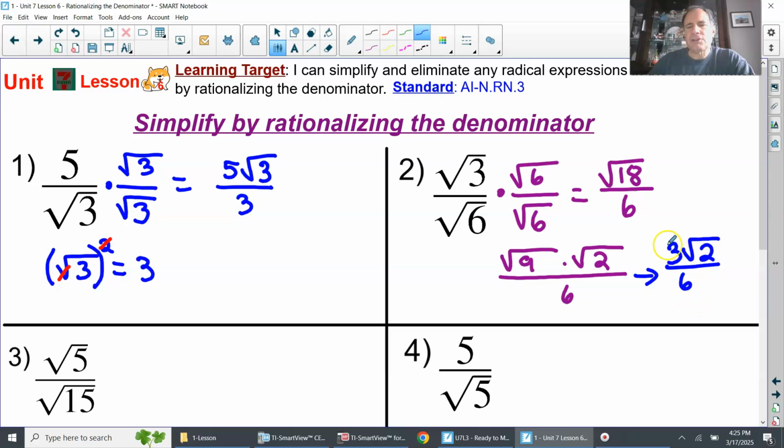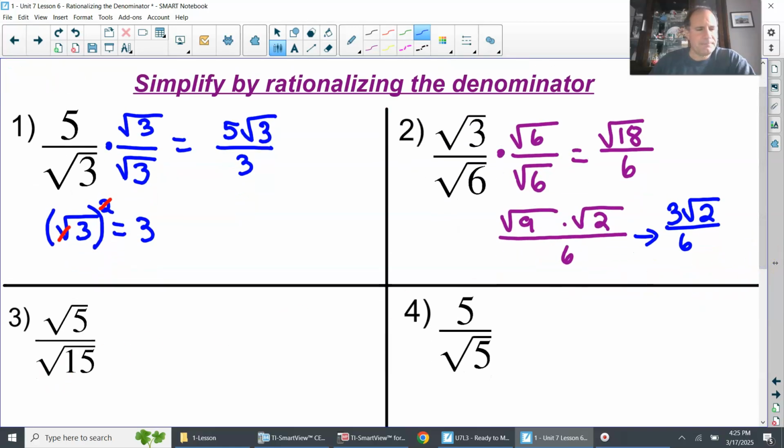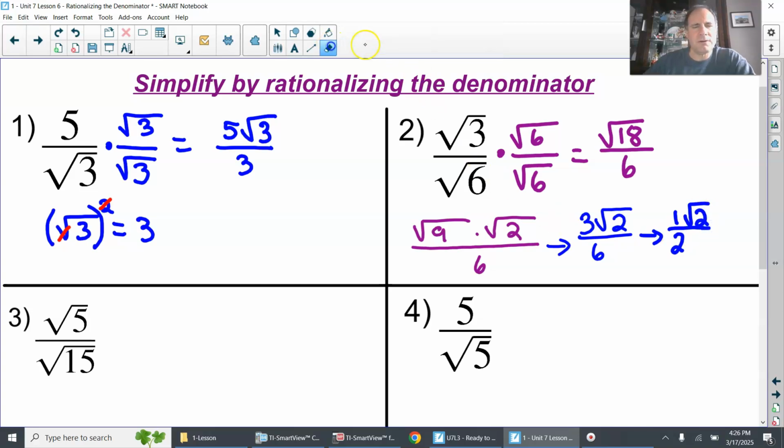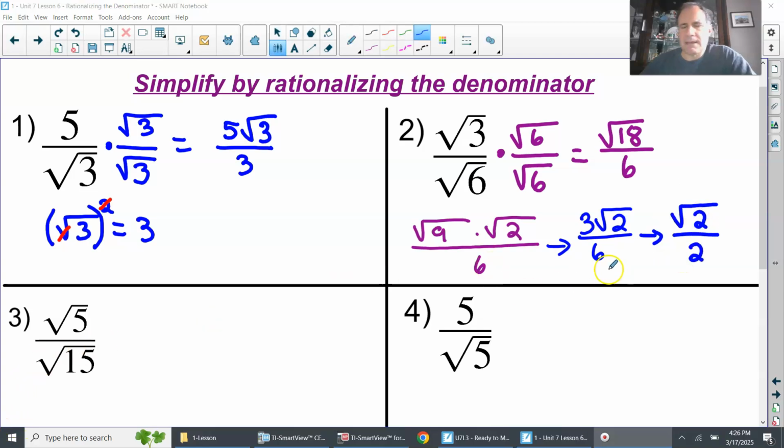So 3 over 6 is 1/2, you could put it down as 1/2 radical 2. And you don't need the 1, so I'm just going to get rid of it. So it's radical 2 over 2. And that's your answer.